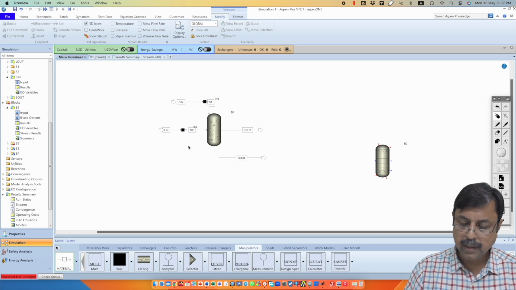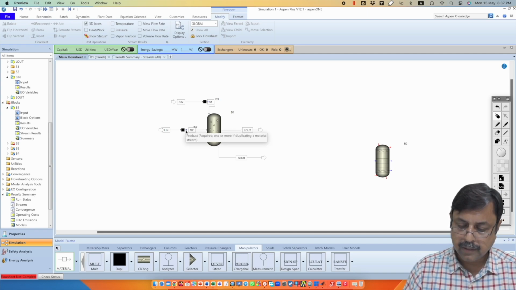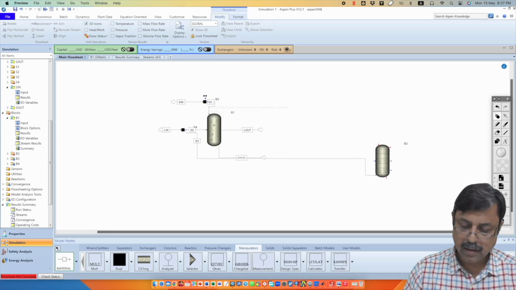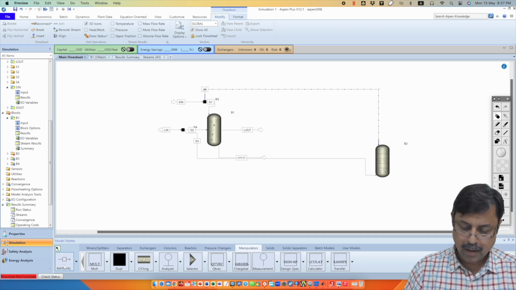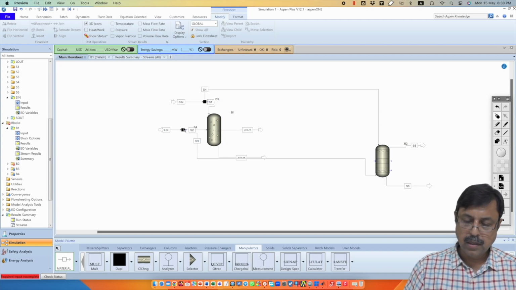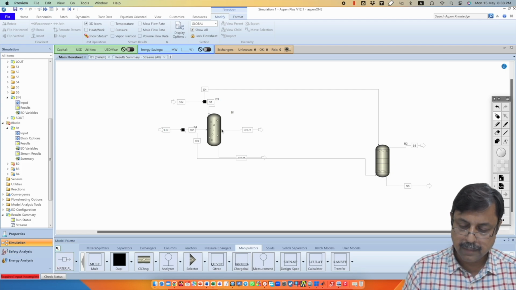Yes, so these are connected, and this liquid also will be connected to liquid bottom, and another material stream from here, duplicator, will come to this solid input, and then material stream out. So this is the liquid out, and this is solid out. Now let us change the name.